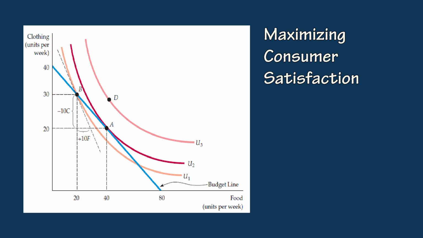It implies that the consumer is spending all his income and attaining the highest possible indifference curve, and that is why the budget line has become tangent to that indifference curve. So the next question here is: what is a demand function?